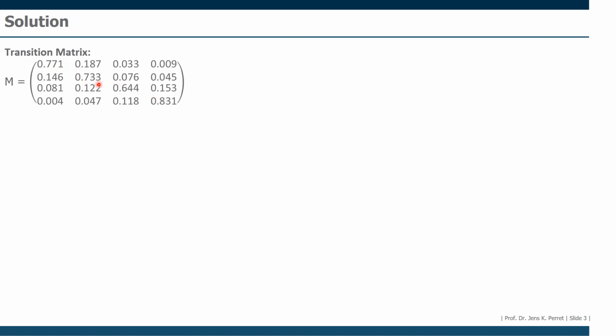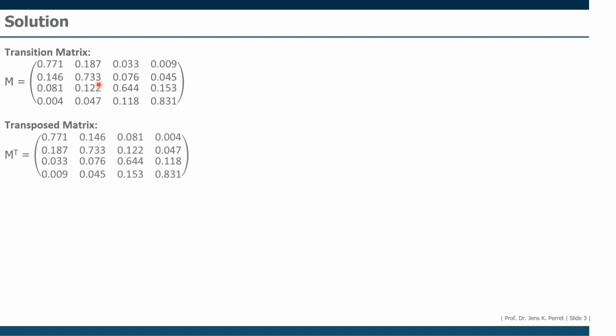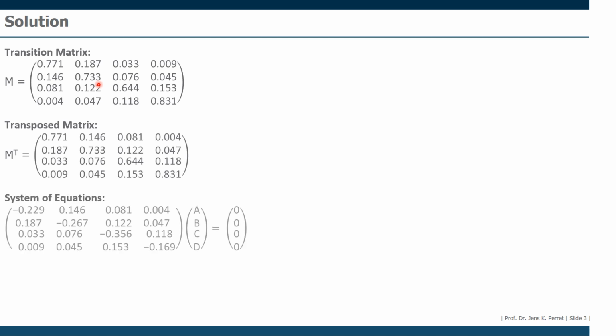Once we have this transition matrix, what we're going to do is first off, we calculate the transpose of this matrix, which simply looks like this. And then we build a system of equations. So more or less, we are calculating the kernel of this transposed matrix, which however is slightly different from the original one.